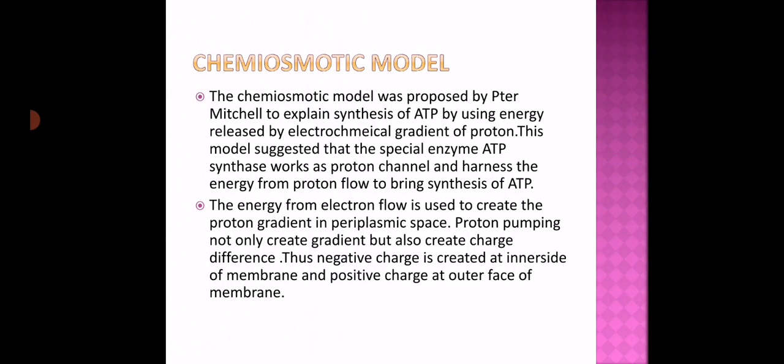Depending upon the oxidation reduction potential, the carriers are arranged depending upon the electronegativity, and these electron carriers carry electrons, and ultimately the electrons and protons are accepted by molecular oxygen in aerobic respiration.